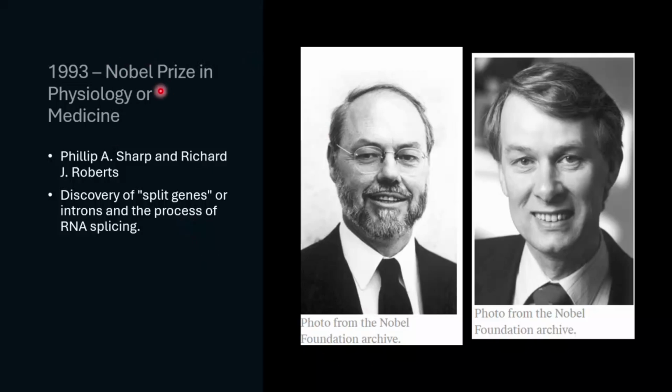Then in 1993, the year I was born, Roberts and Sharp discovered split genes. They saw that a gene was split into smaller pieces, with some piece of DNA in between, and you don't find that in the mRNA because of splicing.